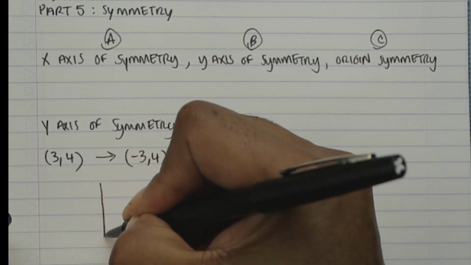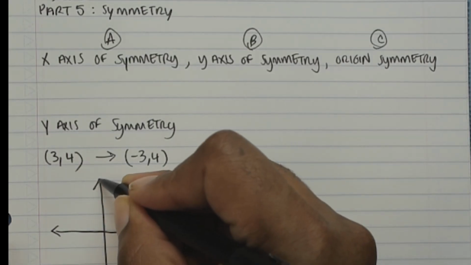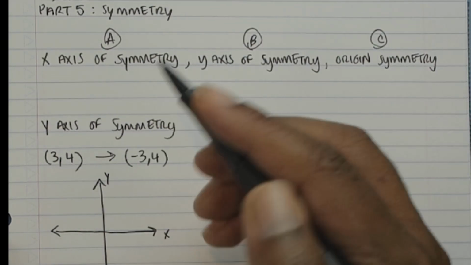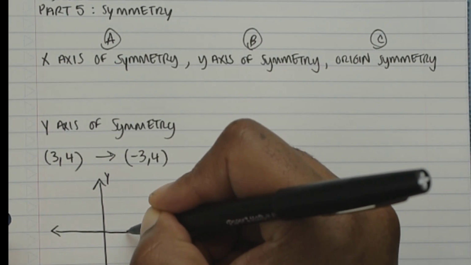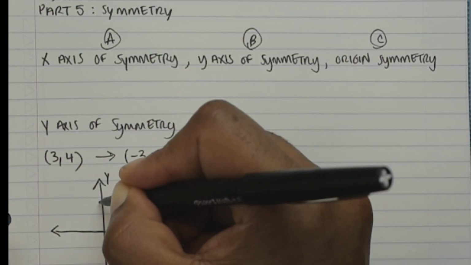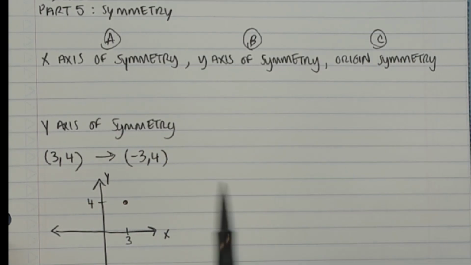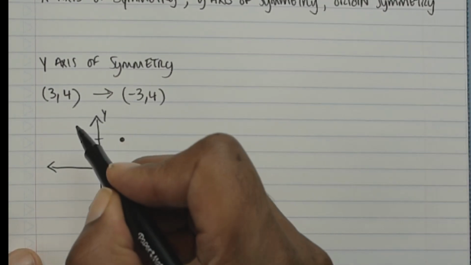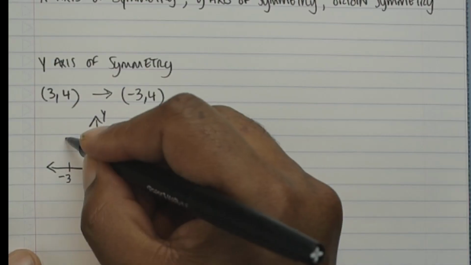So suppose I sketch a graph. We have our y, we have our x. Well, the point is (3, 4). Let's just say this is 3 and this is 4. So that point exists here. If it's symmetrical with respect to the y-axis, then that means the point (-3, 4) is where that point would lie.